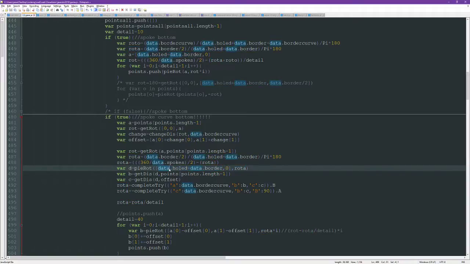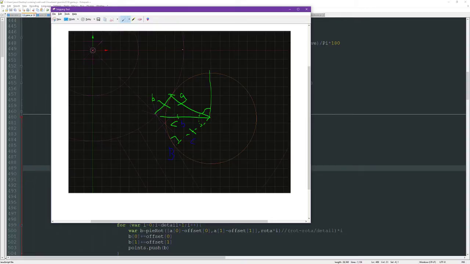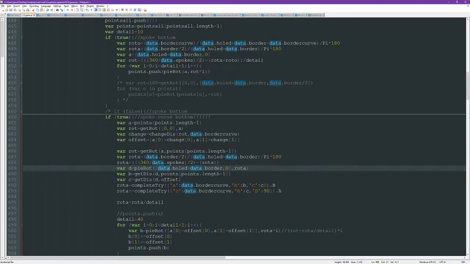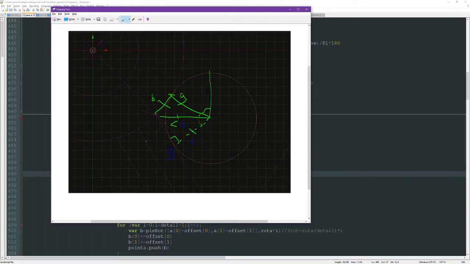No, that's right. So if I make a thing going out to there, so a point that's there, and I rotate it around by that much, that'd be that global location. Okay. That's interesting.